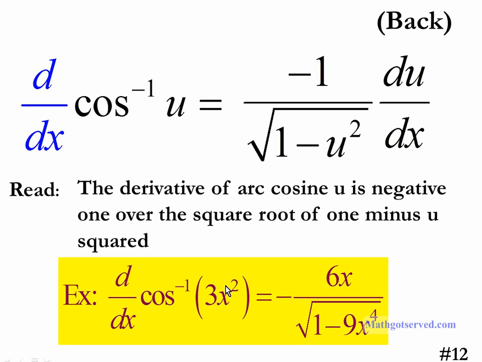In this case, u is 3x squared, and the derivative of 3x squared using the power rule is 6x. So that gets multiplied to the numerator. So your final answer is negative 6x over the square root of 1 minus 9x to the 4th. So that's an example of the arccosine formula.